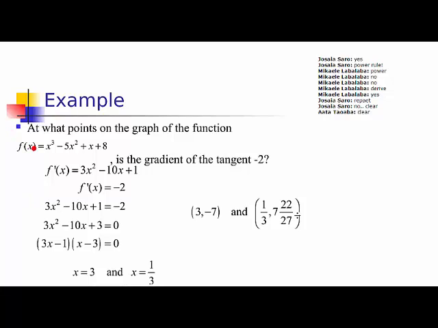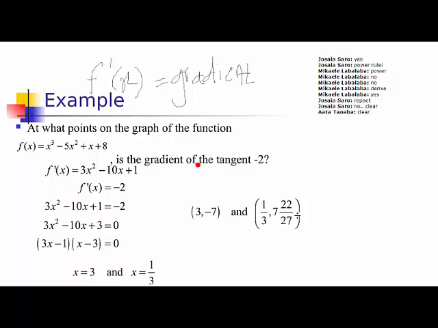Now the gradient is given to you, which means we know that f dash of x is equal to the gradient.